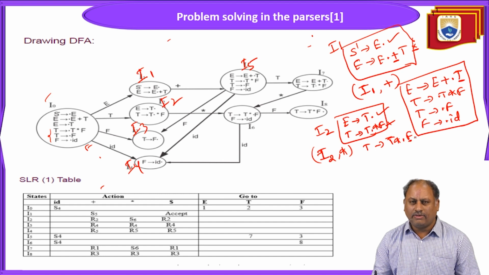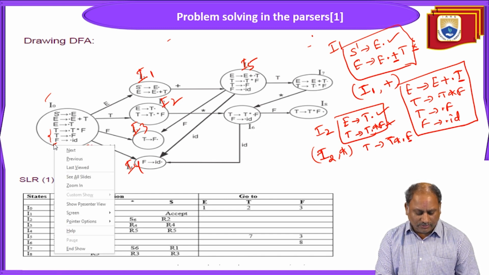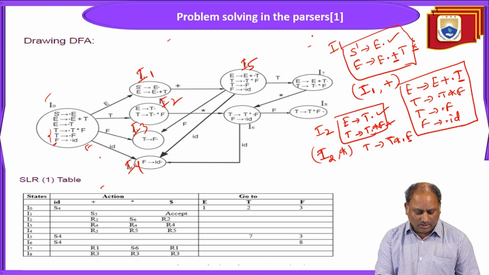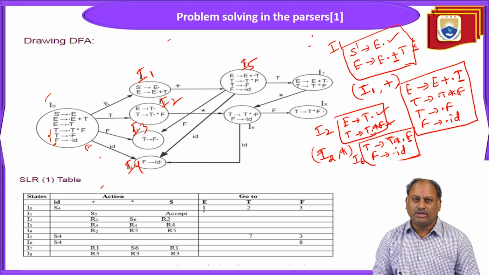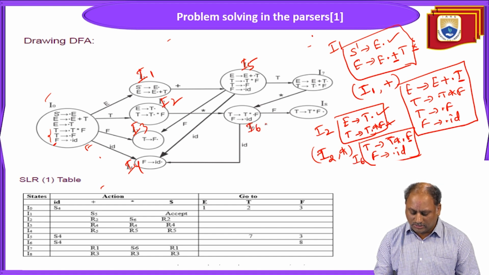Because after the dot, capital F is a non-terminal. In the given list, F derives ID, so that is to be included: F derives dot ID. These two come under a new state, that is I6. A new state is formed, I6, which contains these two.